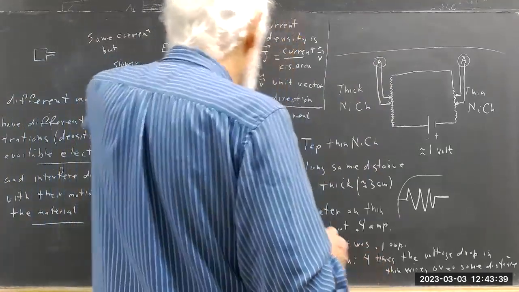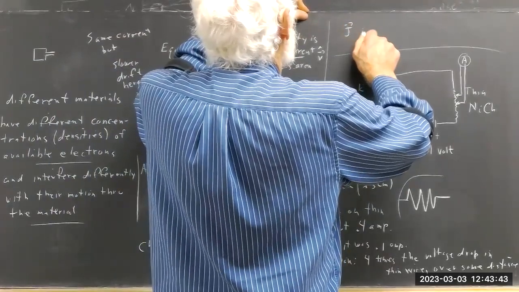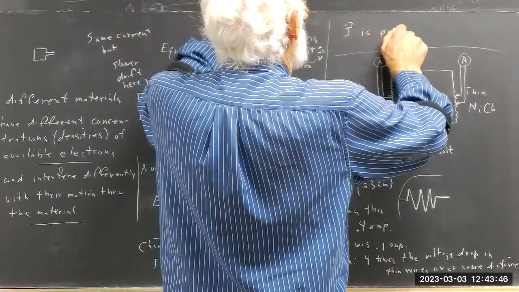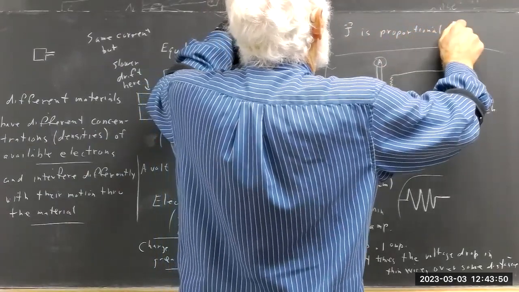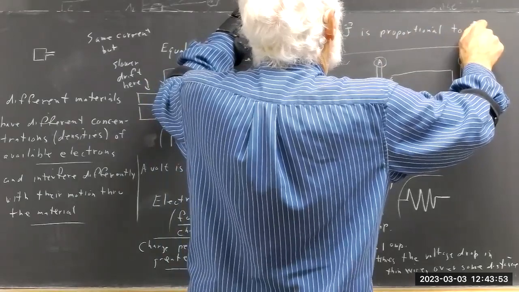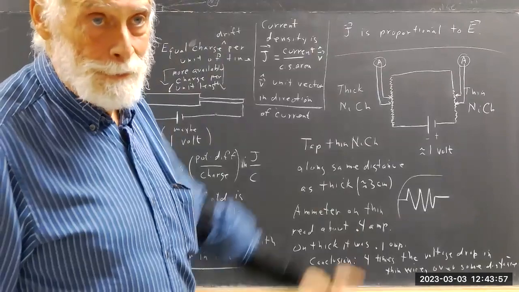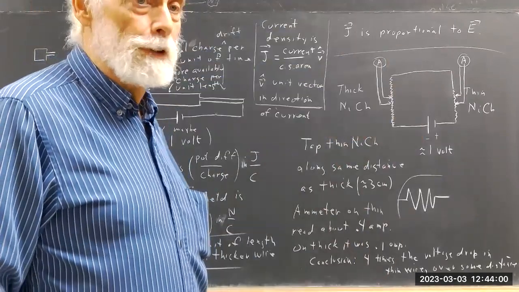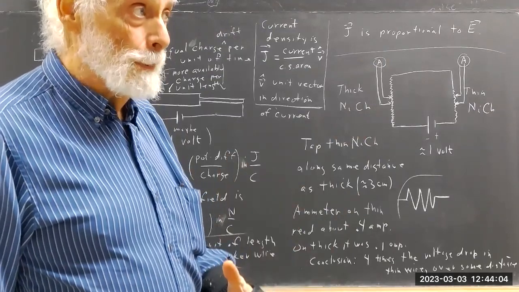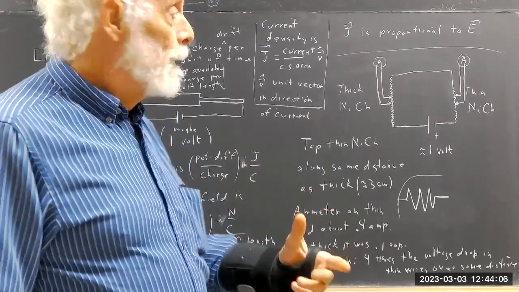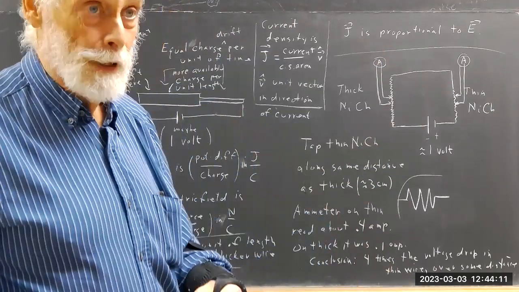What it comes down to is that current density is proportional to E, your electric field. It's a little more complicated than what I said, but not much. The proportionality constant depends on your material.